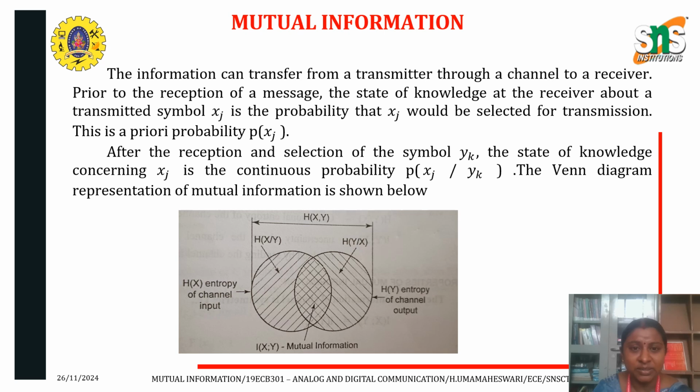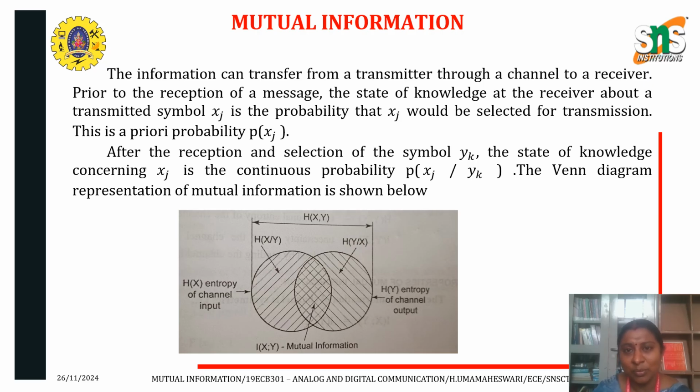Prior to the reception of a message, the state of knowledge at the receiver about a transmitted symbol x_j is the probability that x_j would be selected for transmission. This is a prior probability P(x_j). After the reception and the selection of the symbol y_k, the state of knowledge concerning x_j is the conditional probability P(x_j | y_k).